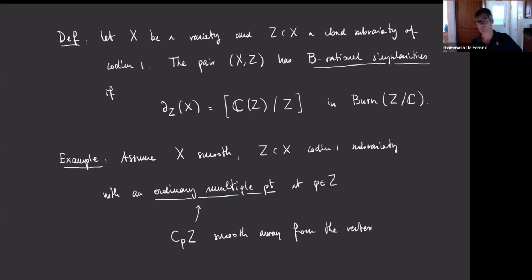Or equivalently, that if you blow up the maximal ideal of the point, the exceptional divisor with the scheme structure is reduced and is a smooth variety.